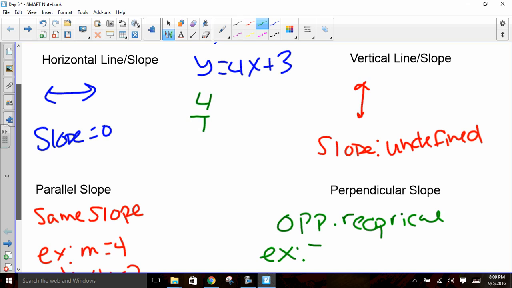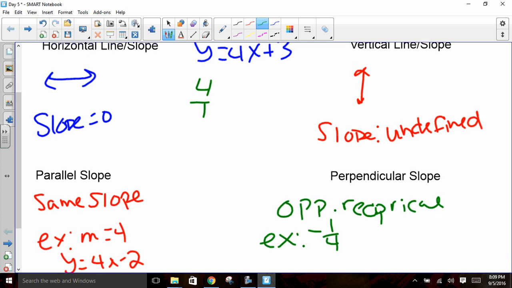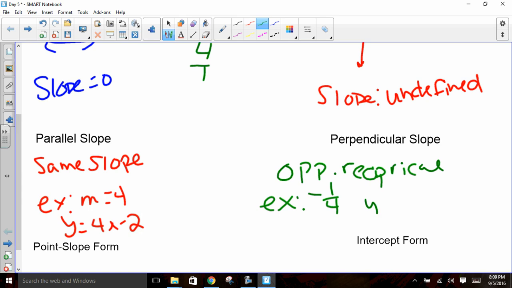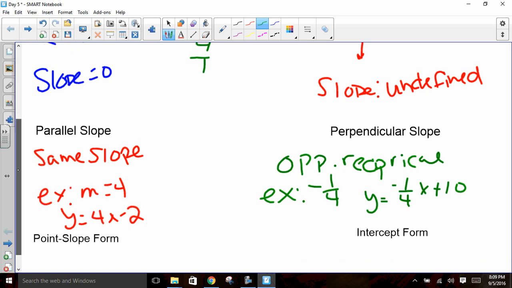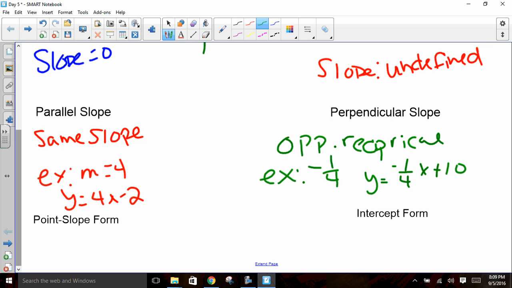So the reciprocal of that is going to be 1 over 4. So if your slope is a whole number, your reciprocal will be 1 over that whole number. So I would look for something along the lines of y is equal to negative 1/4 x plus 10. So parallel slopes have the same, perpendicular are opposite reciprocals.